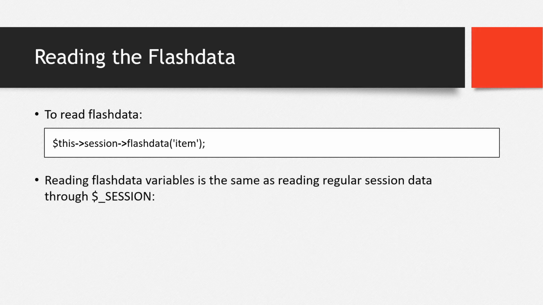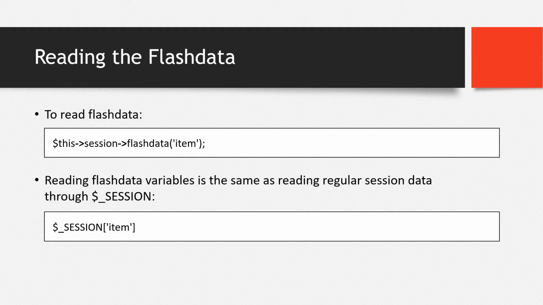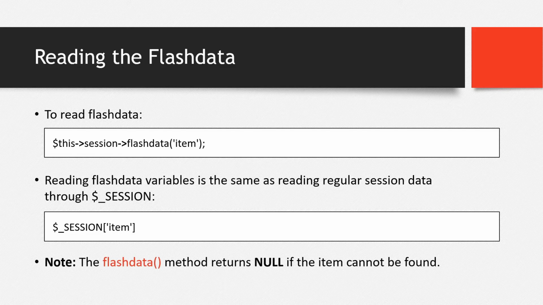Then once you do that, basically, reading Flashdata variables is the same as reading regular session data through the $_SESSION. Something like this. Note, the Flashdata method returns null if the item cannot be found. Okay?